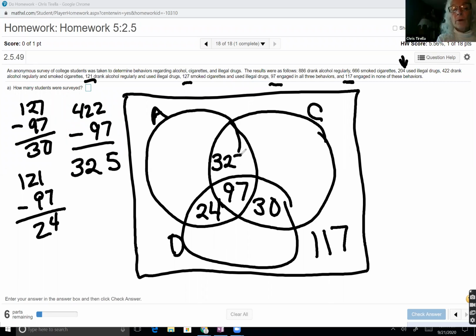Then we know that the whole drug circle has to add up to 204. But right now, there's 97 plus 30 plus 24. So 97 plus 30 plus 24 is 97 plus 54 is 144 plus 7 is 151, I think.